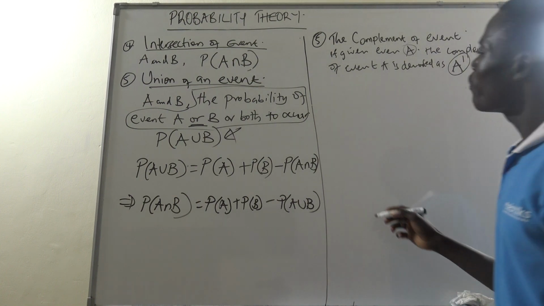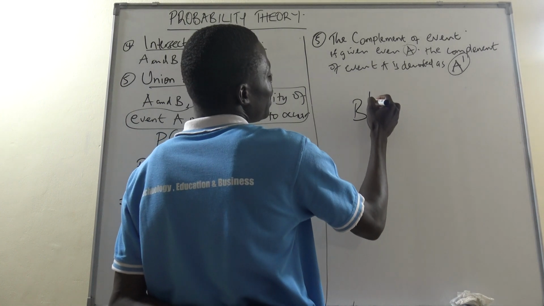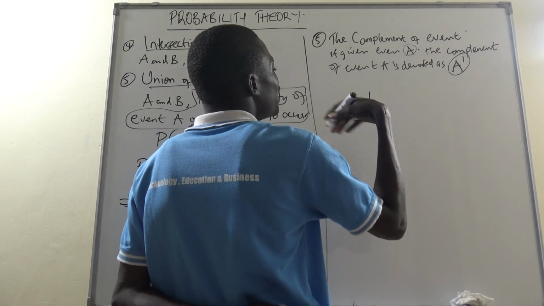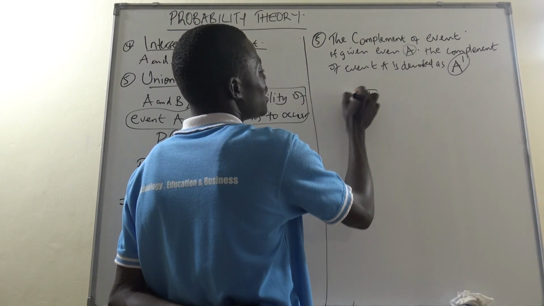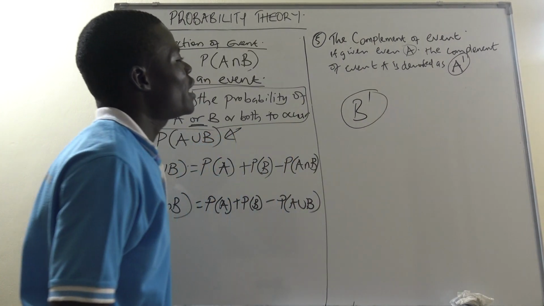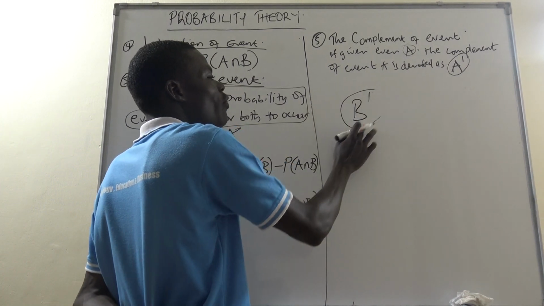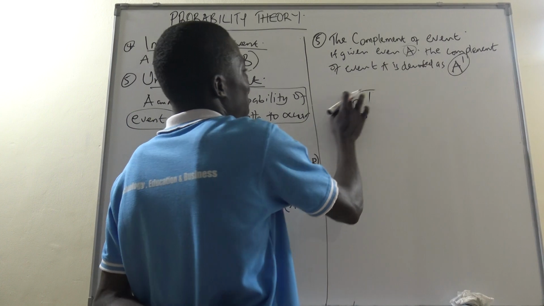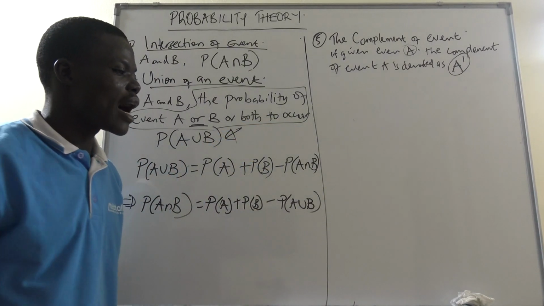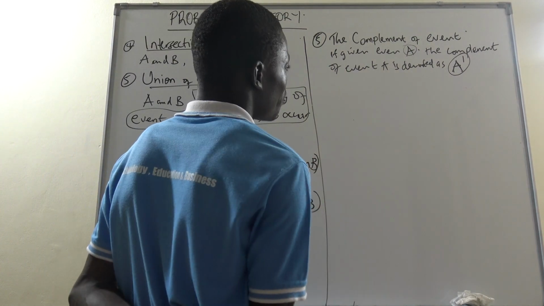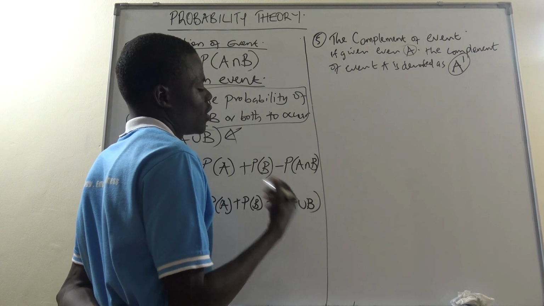If you also have B, the probability of B not occurring is denoted as B complement. So whenever you have a complement, and they tell you the probability of one of those not occurring, that is called the complement.